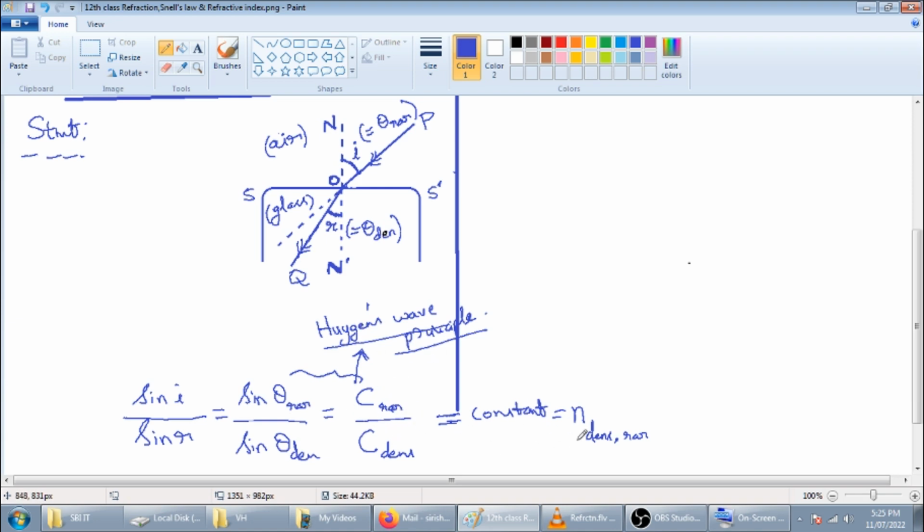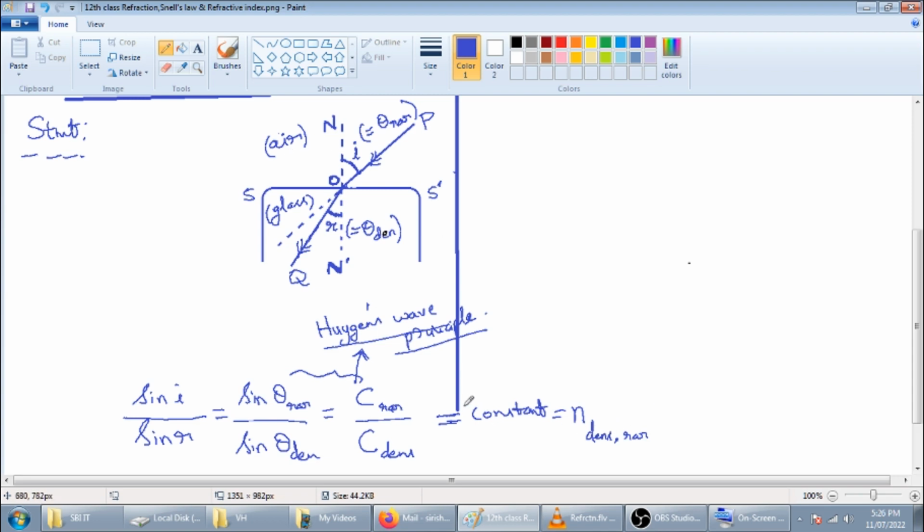Also, this is giving the definition of the refractive index. So whatever things we are seeing here are simple, nowhere is any complication there. So thus we have the complete statement of Snell's law of refraction, also the complete definition of the refractive index of any denser medium with respect to any given rarer medium like air or vacuum.